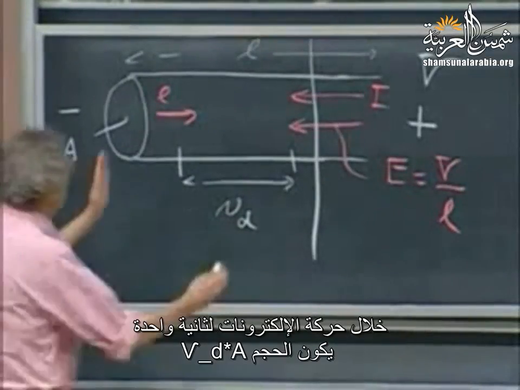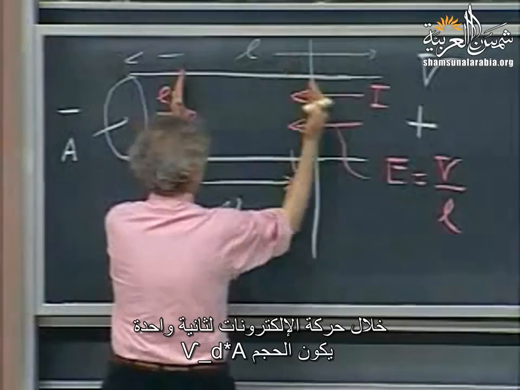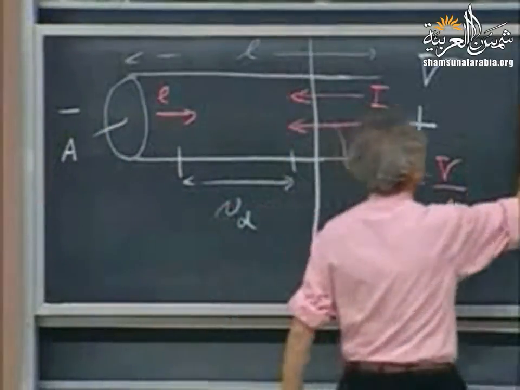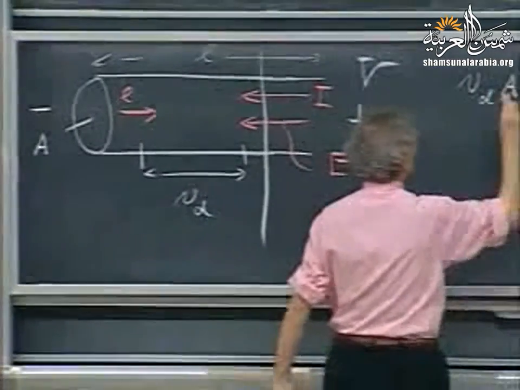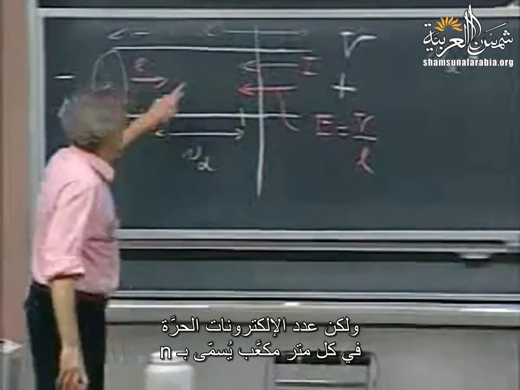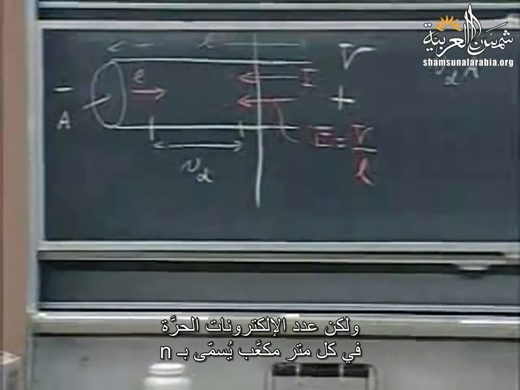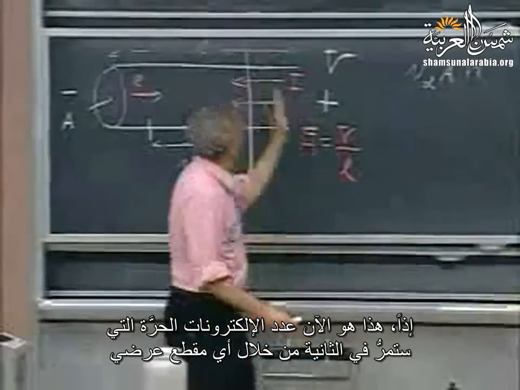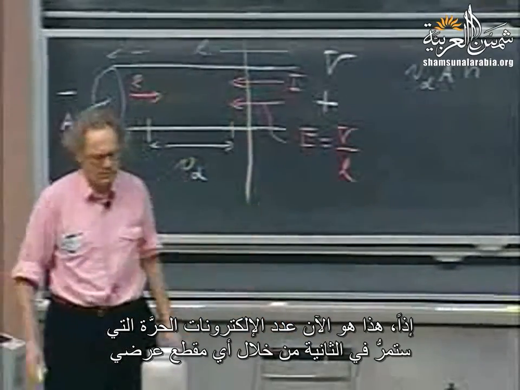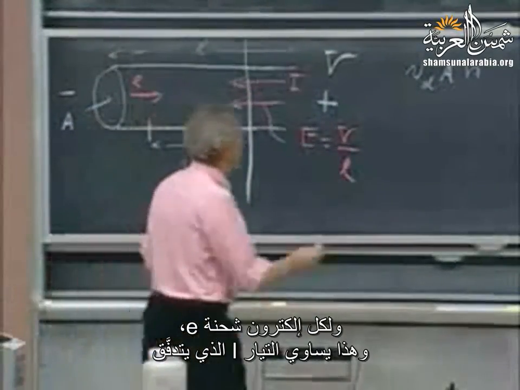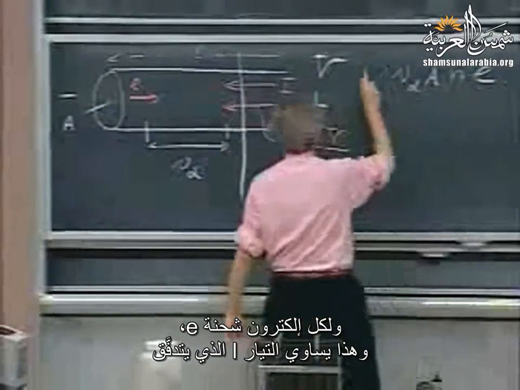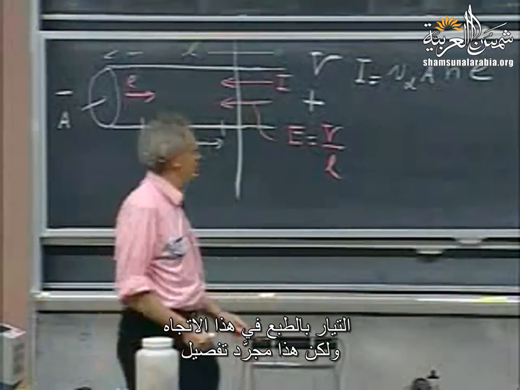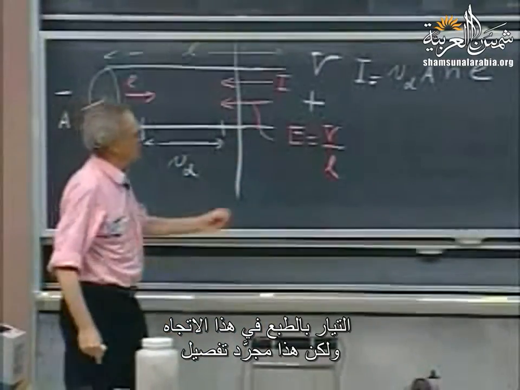In 1 second, the volume that passes through here is VD times A. But the number of free electrons per cubic meter is called N. So this is now the number of free electrons that passes per second through any cross-section. And each electron has a charge E. And so this is the current that will flow. The current, of course, is in this direction, but that's a detail.